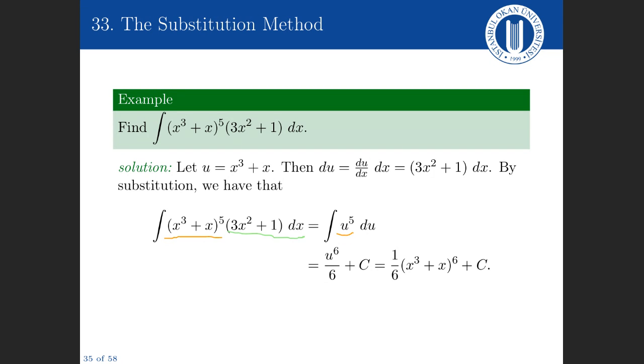Instead of 3x squared plus 1 dx, we have du. What we've done is we've changed a difficult integral into an easy integral. And as soon as we have the easy integral, we can calculate that this is u to the power 6 over 6 plus c, and then to finish, we substitute back in to get the answer 1 over 6 x cubed plus x to the power 6 plus c.